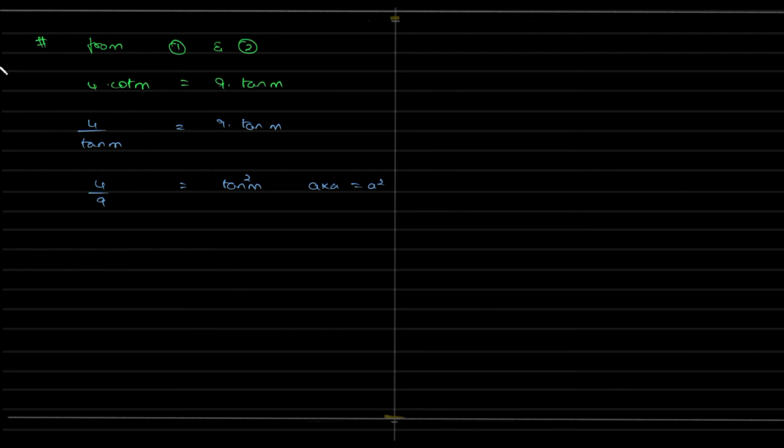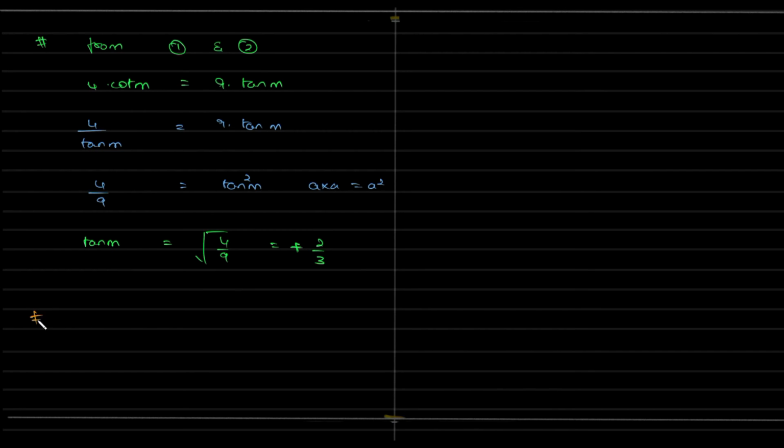Then as usual, we can take a square root. So tan M is equal to the square root of 4 by 9, which is equal to 2 by 3. We are just taking the positive value. A negative value is a possibility, but we are not taking that into account because in your syllabus we are not considering negative values.